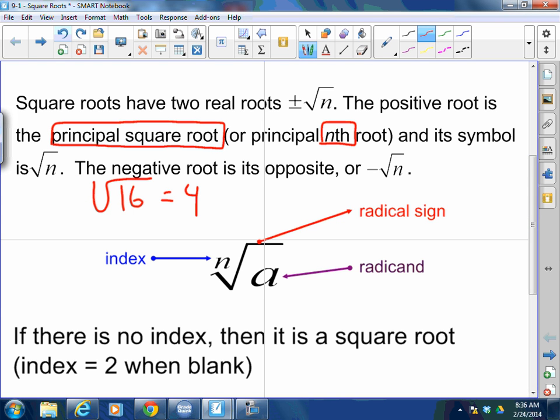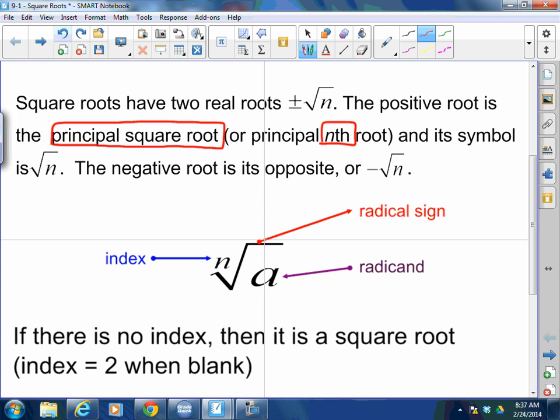If I say, give me the negative square root of 16, then they're asking for the negative root of that number. So that's why you have 2 roots. The positive root is called the principal square root, and the negative root is its opposite. So you always have a positive and a negative.